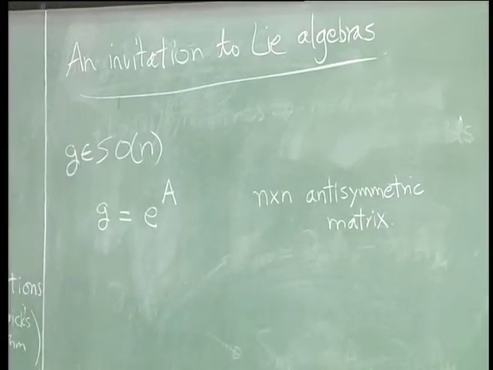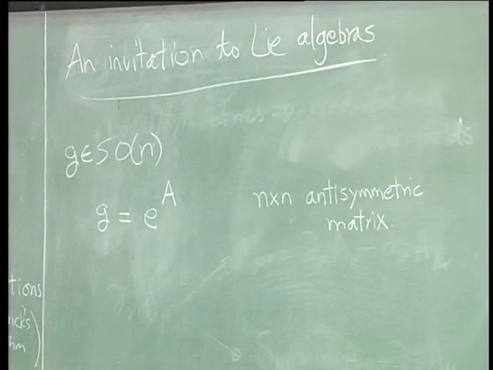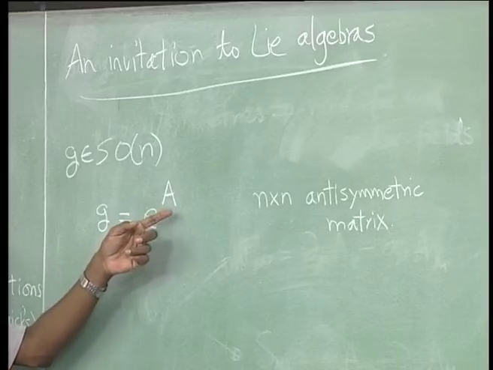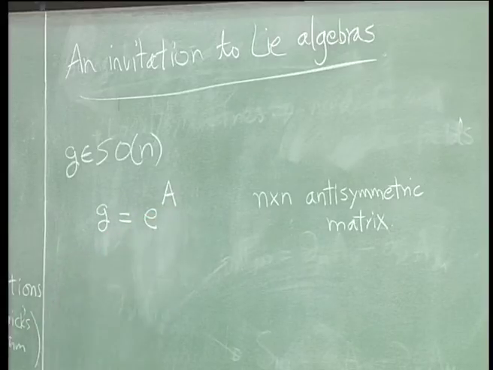The point here is that, instead of looking at the group element, I could work equally well with antisymmetric matrices. Isn't that what this tells you?